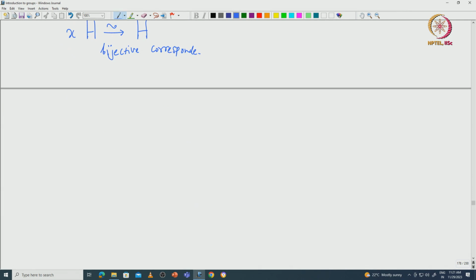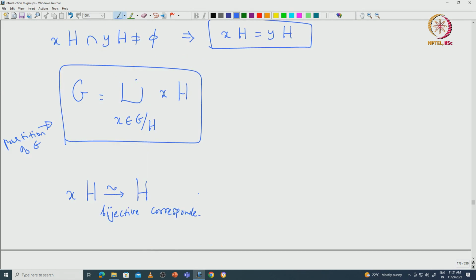What Lagrange's theorem tells us is that if you restrict yourself to finite groups, then you can conclude from the remark that G is a union of the set of all left cosets, which form a partition.